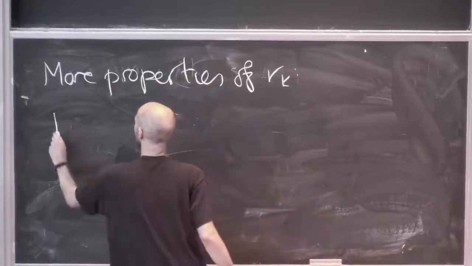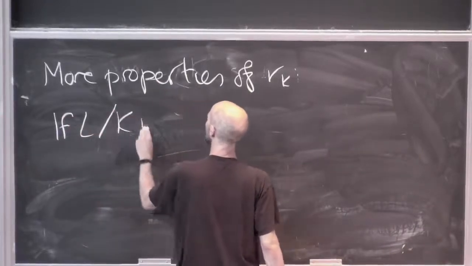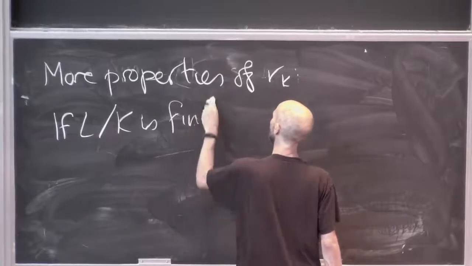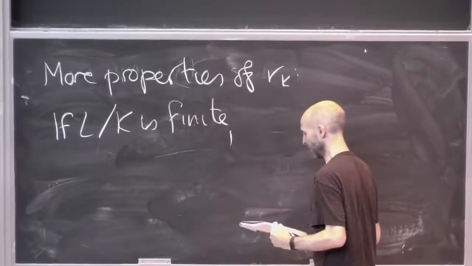Of course, if L over K is finite, then we have some kind of commutative diagram.